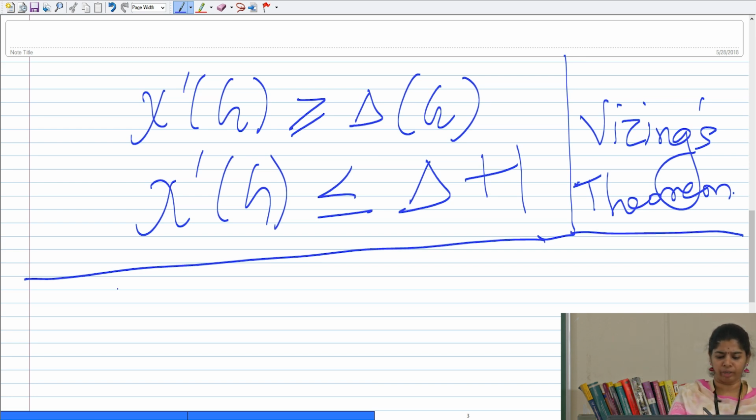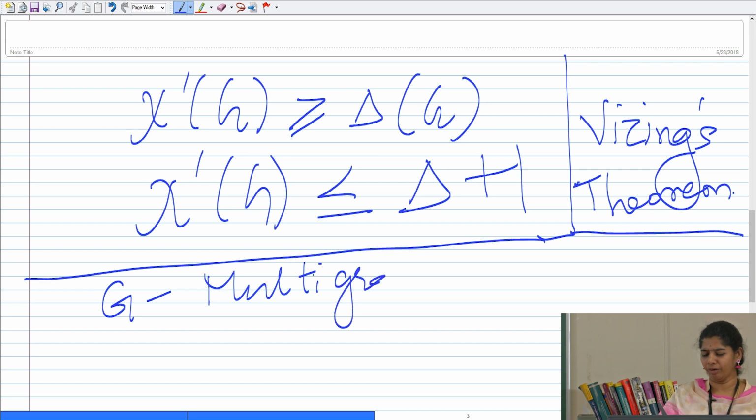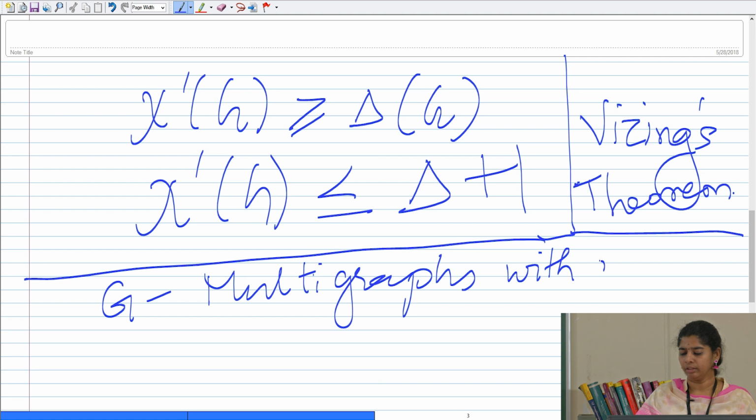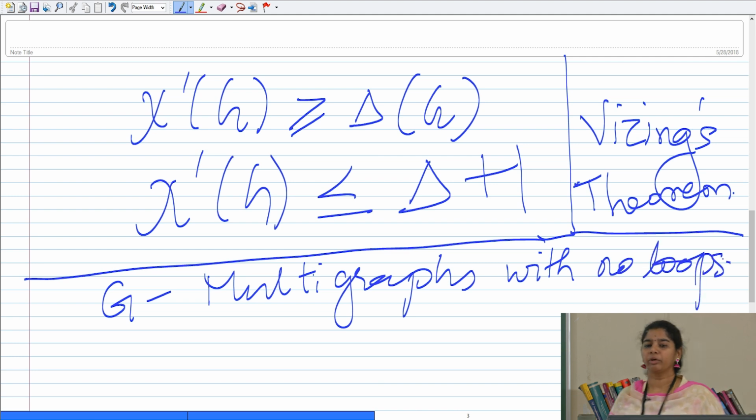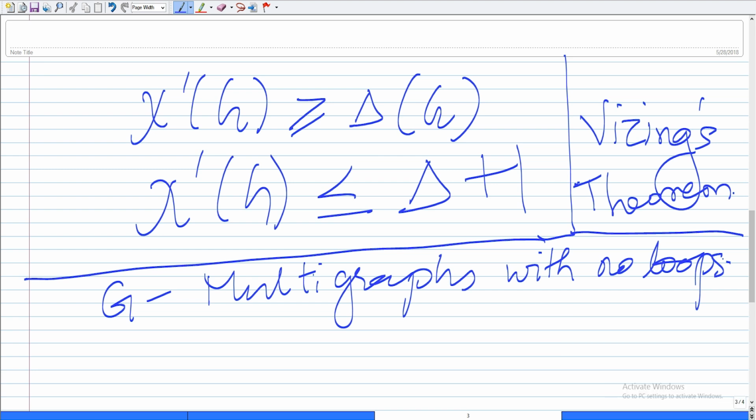Okay, just before I wind up, suppose given G is a multigraph with no loops. Okay, we will not worry about loops now because loops are a little misleading. Okay. So, if you have a multigraph with parallel edges, what would be the upper bound? It is not immediate to see, I know, I will just give you the answer.